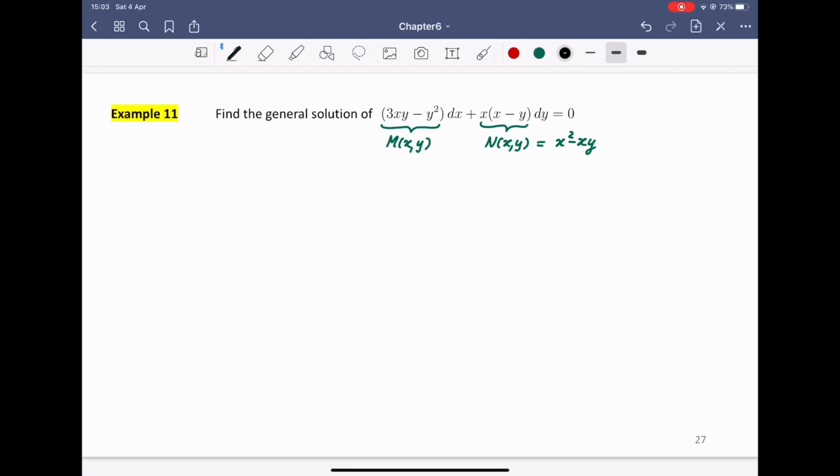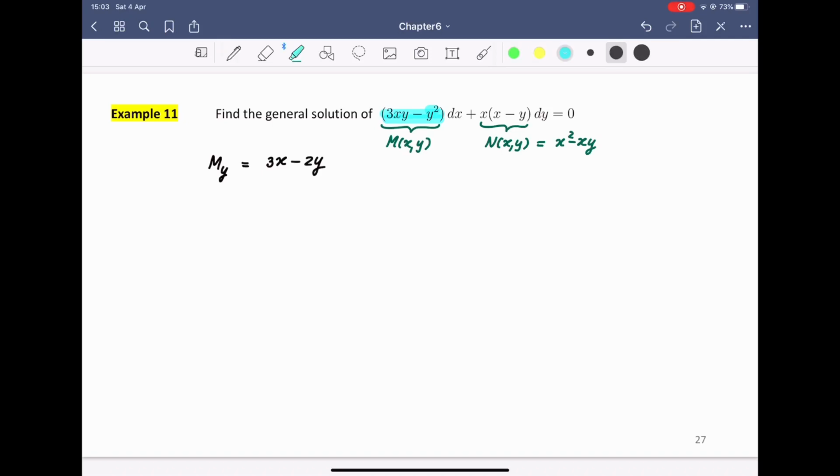So the first step is I am going to compute the partial derivative of M with respect to y. So here I differentiate 3xy minus y squared with respect to y. So I get 3x minus 2y, right?